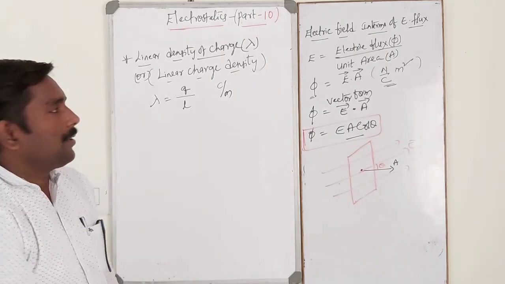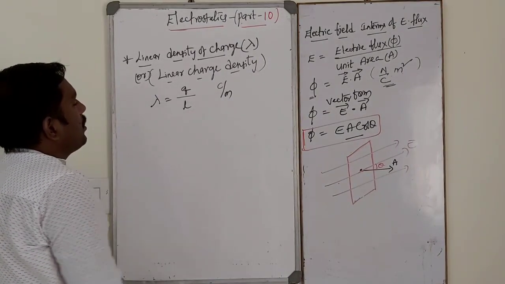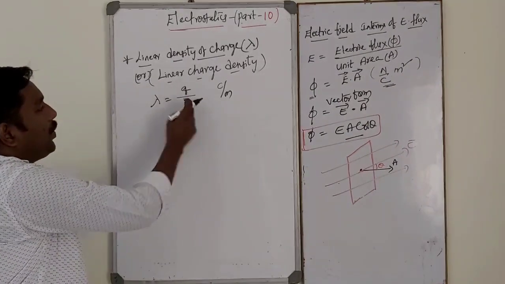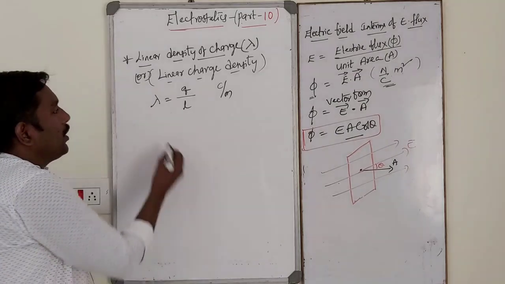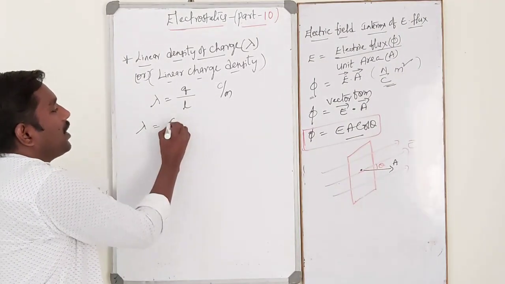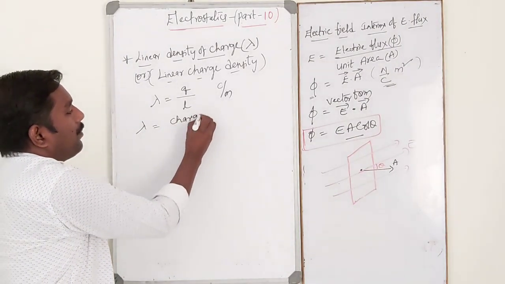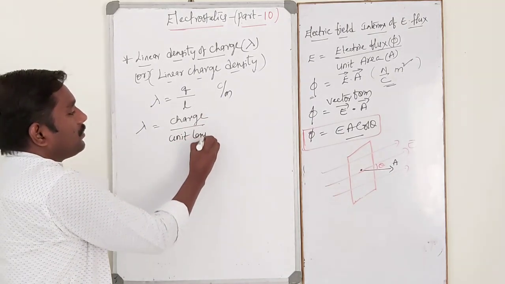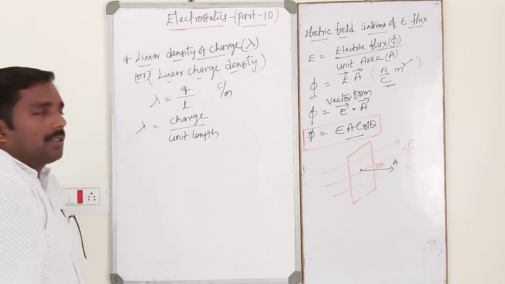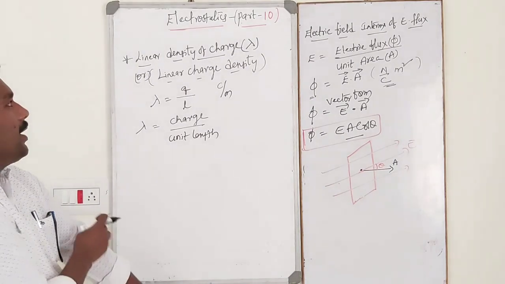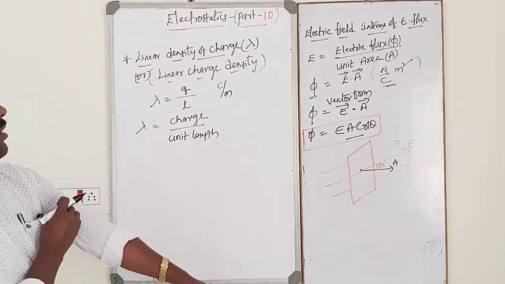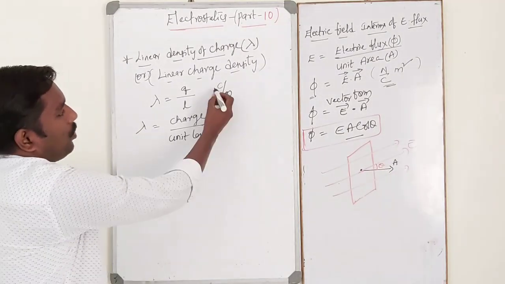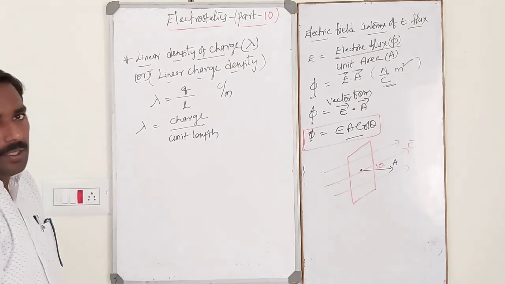Lambda is equal to Q by L, simply charge per unit length. That is called linear density of charge or linear charge density. SI system, coulomb per meter.